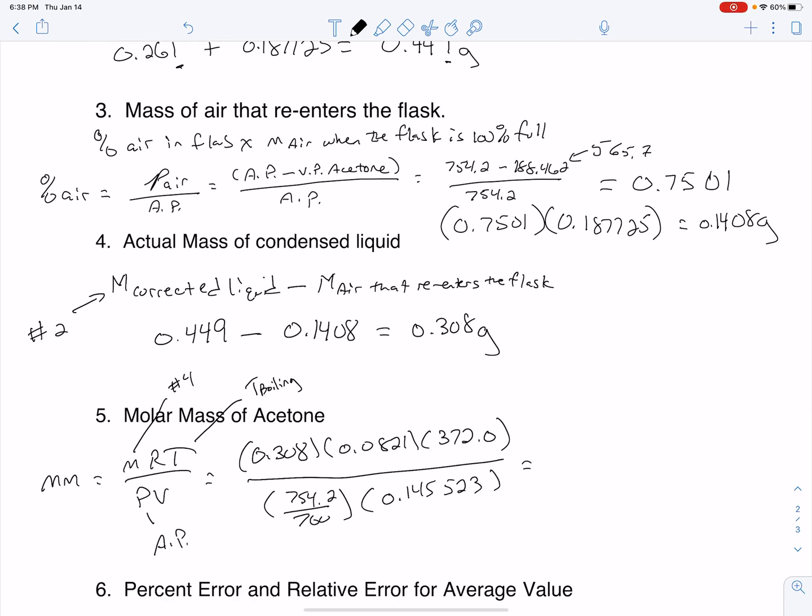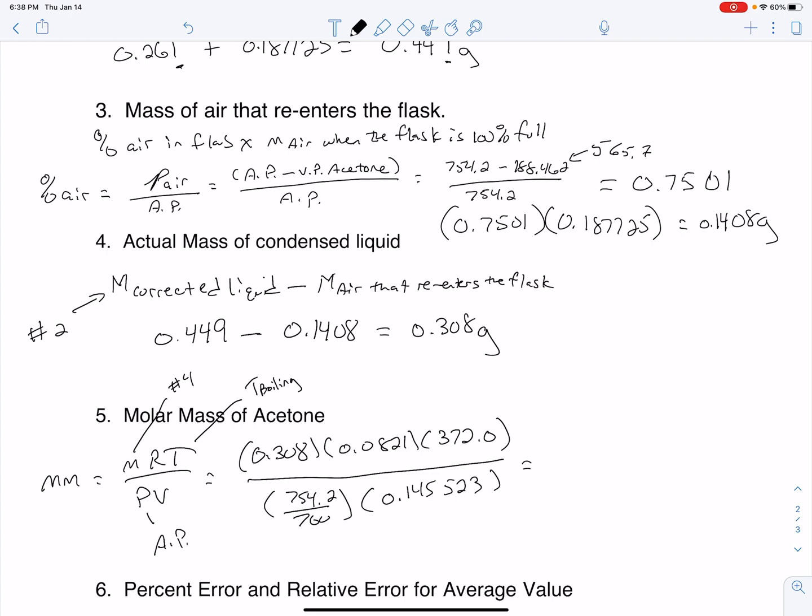Boy, would this be overcomplicated with our uncertainties. I'm sure that many of you are thinking, I wish we had uncertainties. So let's take our temperature times 0.308 times 0.0821 divided by 754.2 multiplied by 760 divided by 0.145523.